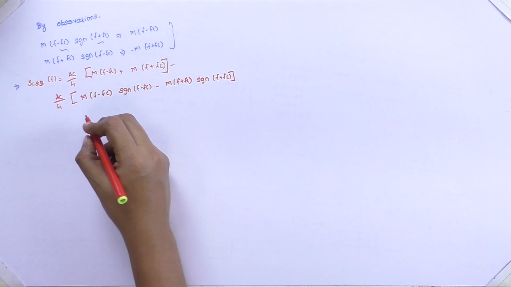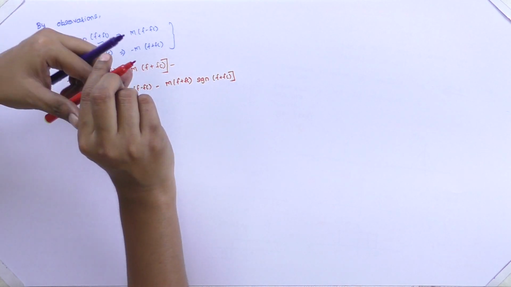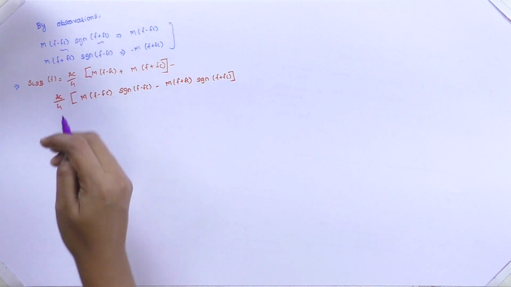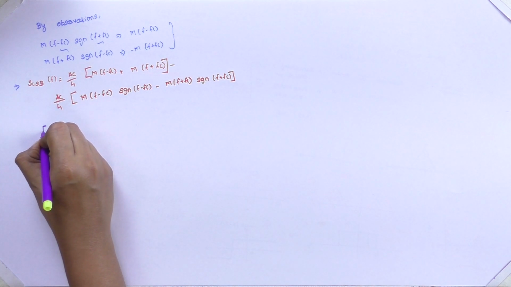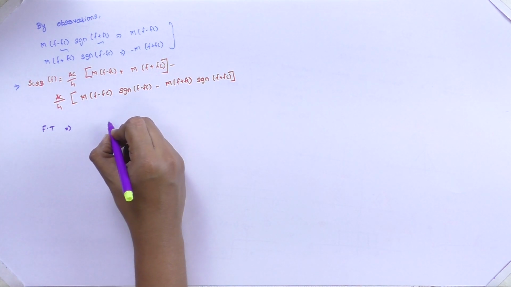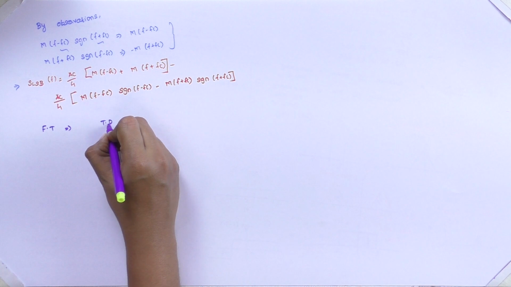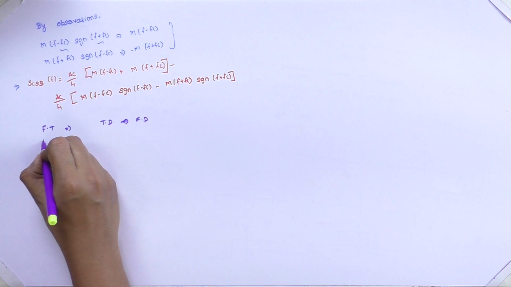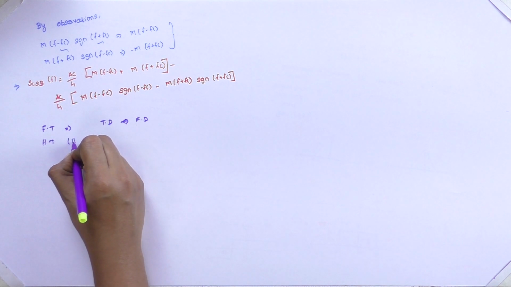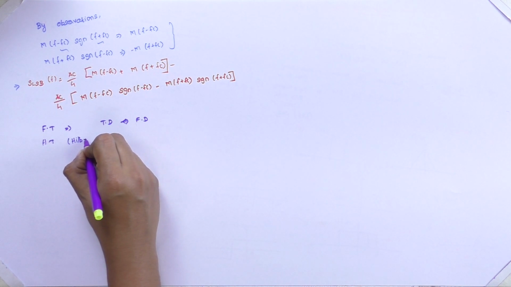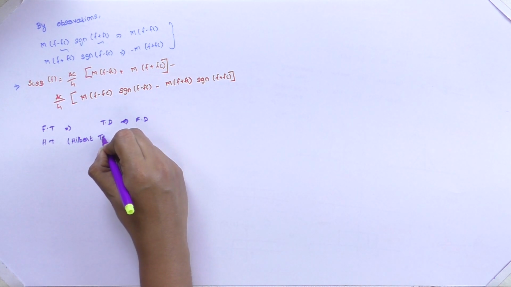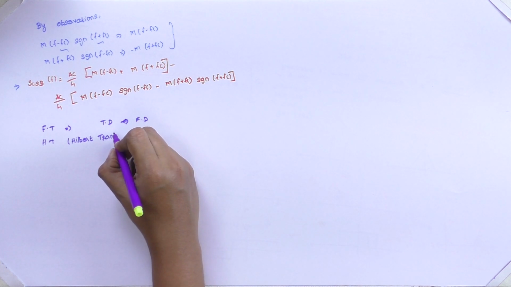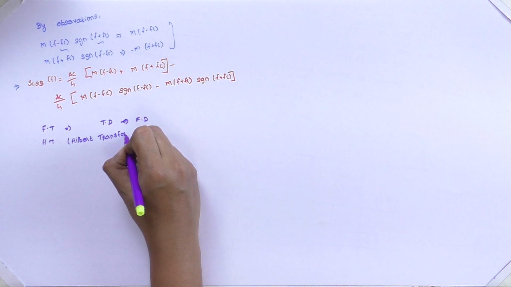So, now we are going to see an interesting transform called the Hilbert transform. We have seen the Fourier transform. Fourier transform will convert time domain into frequency domain and vice versa. The Hilbert transform will not transfer from one domain to another domain, that is from time domain to frequency domain.